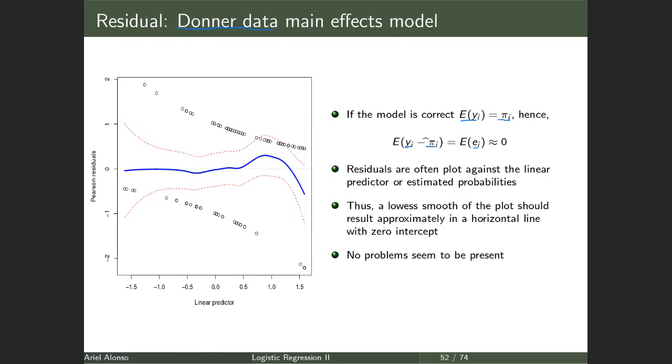If the model is correctly specified, then your model should be predicting something close to reality. So typically what you do is you plot the residuals against the linear predictors. For every individual, you have a unique value of the covariates, and that times beta is the linear predictor. So now you plot for every individual the linear predictor and then the residual.